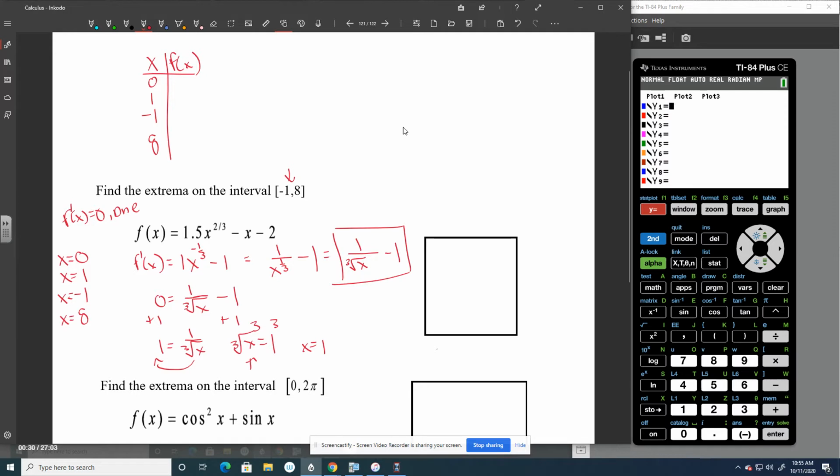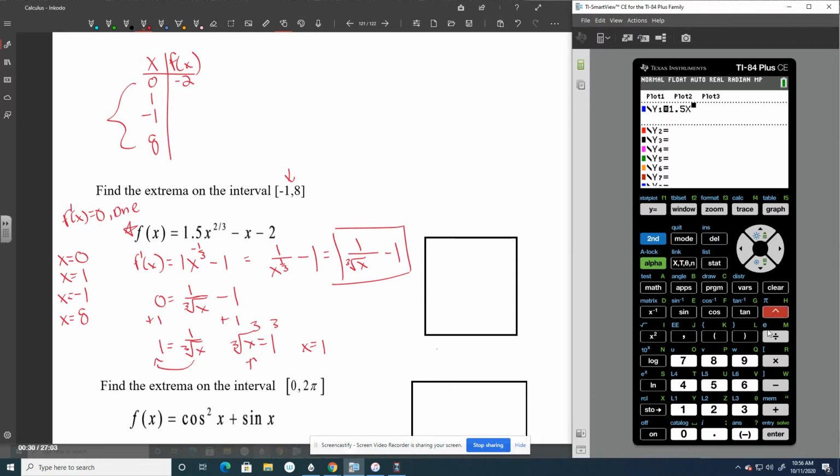So if I plug in a 0, I just get -2. I'm plugging these into my f of x function. I'm just plugging them into my original function, not my derivative, because I want to know the minimum and maximum of my original function. I just know that it's going to happen at one of these points. Okay. So -2, if I plug in a 1, you know what? Let's just plug this in here.